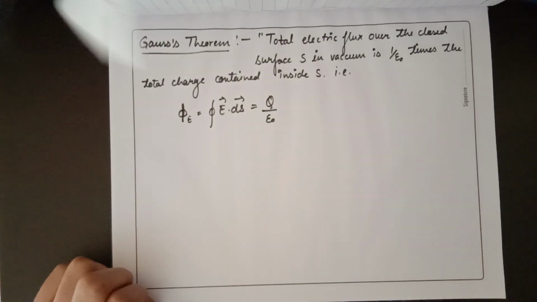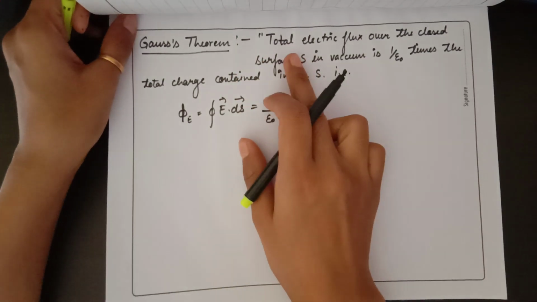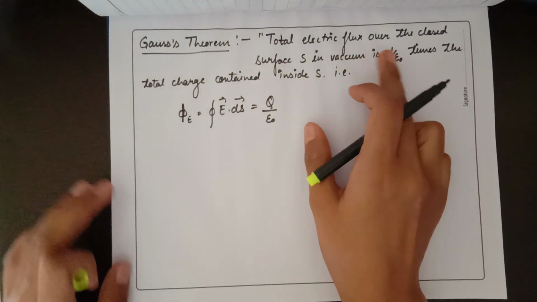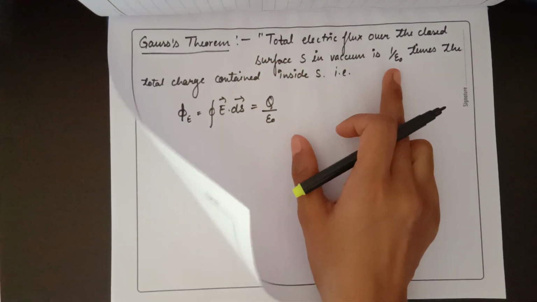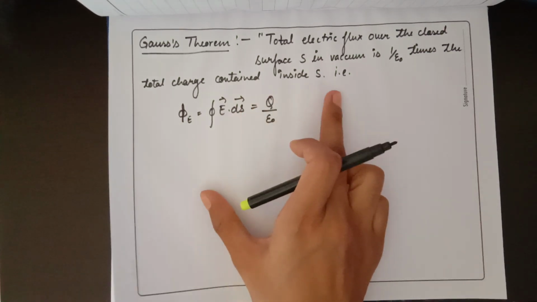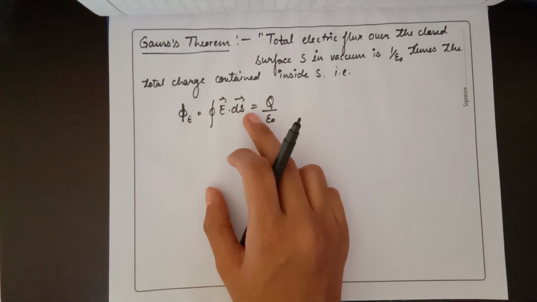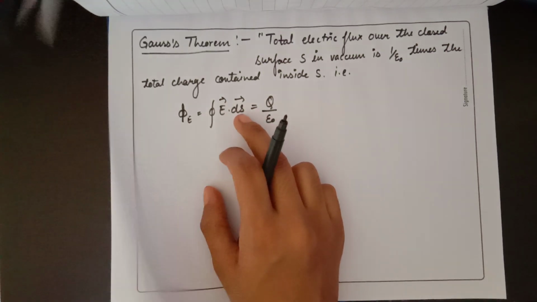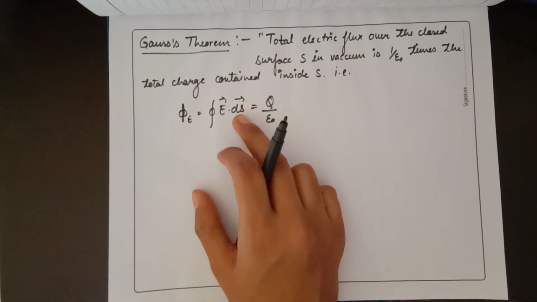Next topic is Gauss's theorem. What does Gauss's theorem say? Gauss's theorem says the total electric flux over the closed surface S in vacuum is 1 by epsilon naught times the total charge contained inside S. That is, phi is equal to the integral of E dot dA. We have already read this. In the place of dA, I have written ds here. ds is nothing but the area vector.